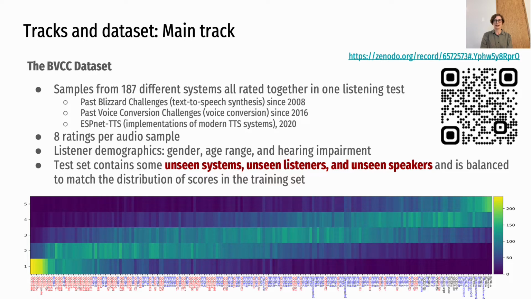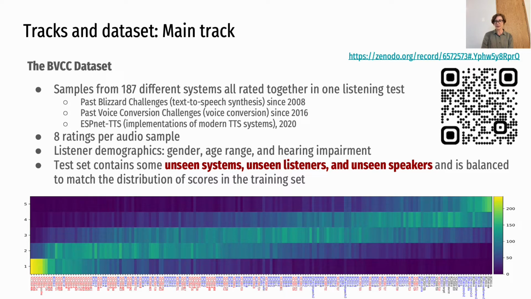For the main track, the dataset was one that we collected ourselves in prior work called the BVCC dataset. This dataset is available online on Zenodo. The dataset consists of samples from 187 different systems from past Blizzard challenges, voice conversion challenges, and ESPNet TTS, all rated together in one large-scale listening test.